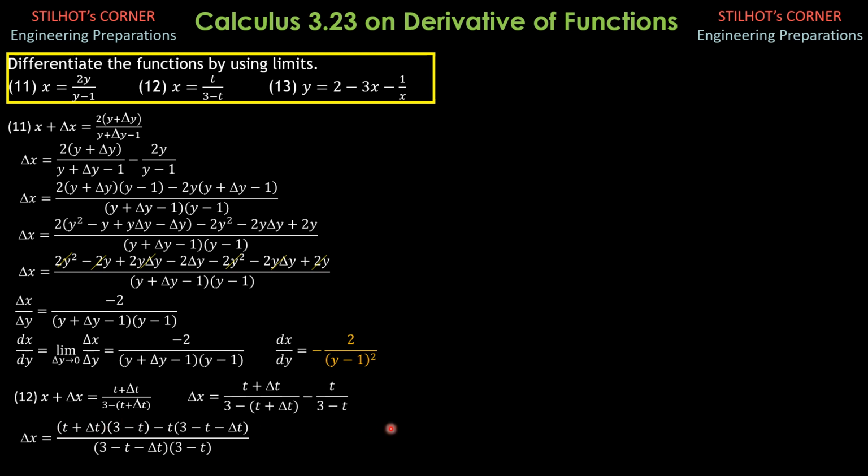Distribute and expand. So delta x equals 3t minus 3t minus t squared plus 3 delta t minus t delta t, then minus 3t plus t squared plus t delta t over quantity 3 minus t minus delta t, then 3 minus t. Eliminating 3t and negative 3t, negative t squared and t squared, as well as negative t delta t. So we have 3 delta t in the numerator.